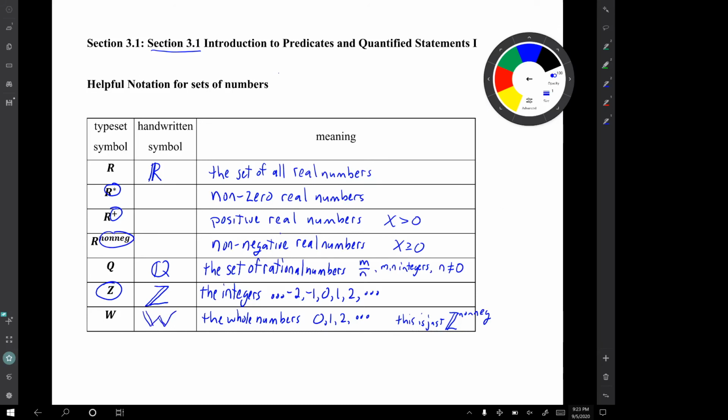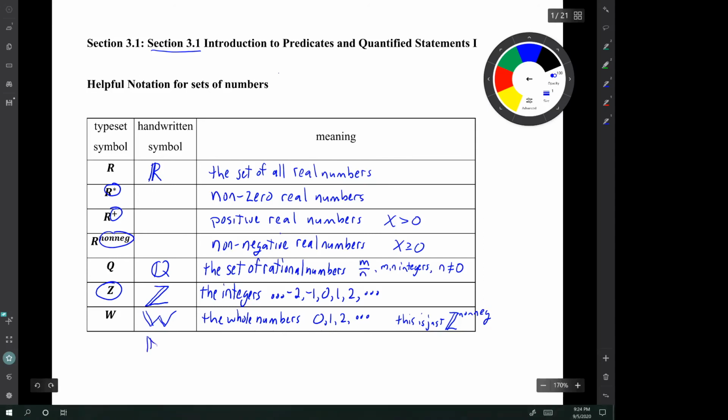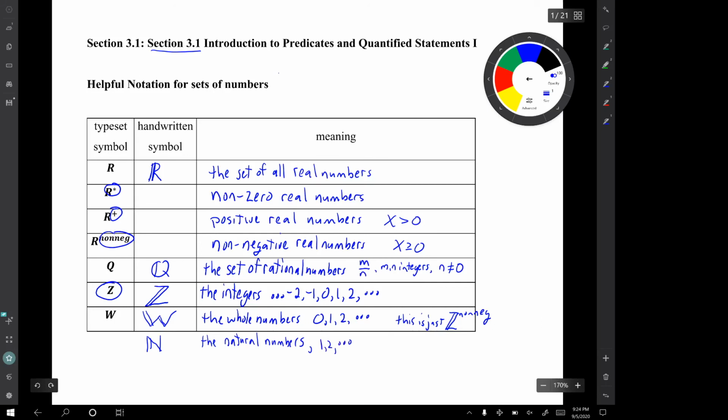And then a couple of sets that I forgot to include. One is the natural numbers. So this is just the positive integers. And of course, I didn't mention that both of these, the rational numbers and the integers, can have the same superscripts that I put on the real numbers.